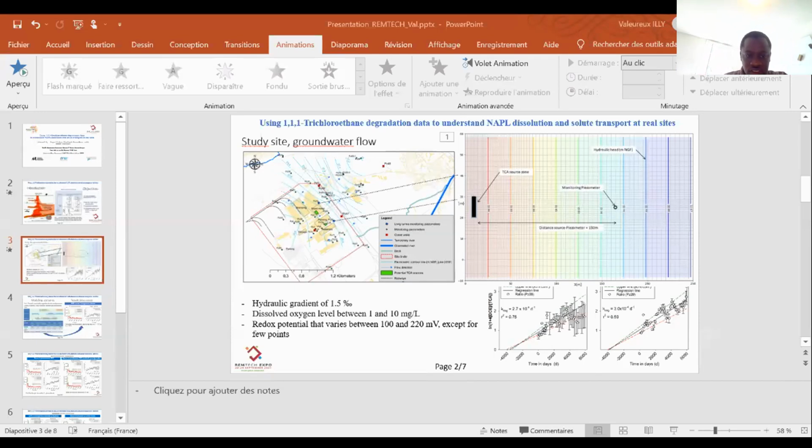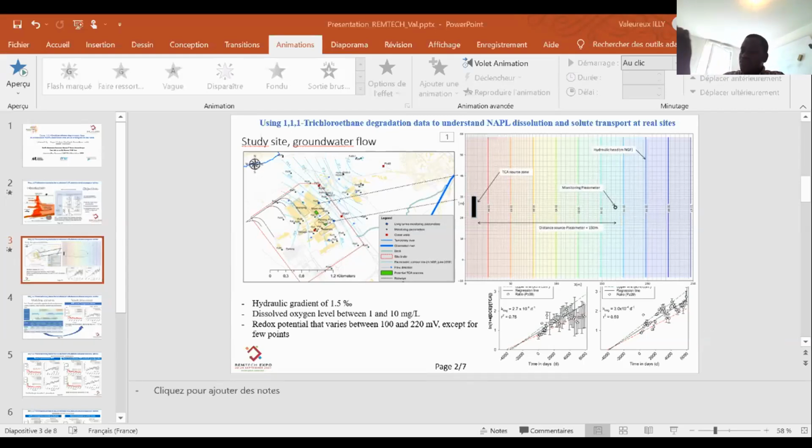Also, we made some analysis on the geochemistry of the groundwater, and this showed dissolved oxygen level between 1 and 10 milligrams per liter, and redox potential between 100 and 220 millivolts. So basically, the groundwater condition is aerobic, which allows us to use the kinetics of these papers.